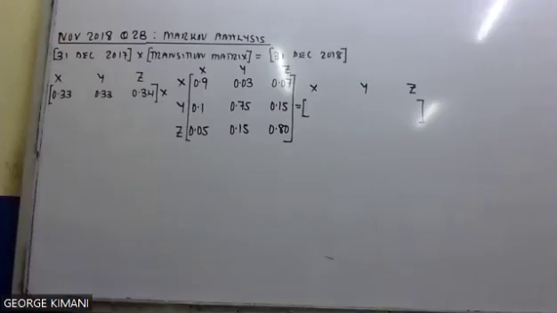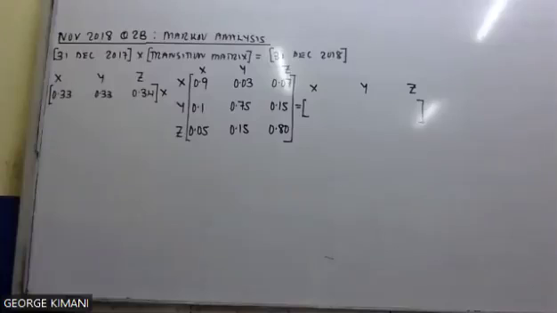Using the first number, you use row by column. So 0.33 times 0.9 plus 0.33 times 0.1 plus 0.34. Ulikuwa unafanya nini?